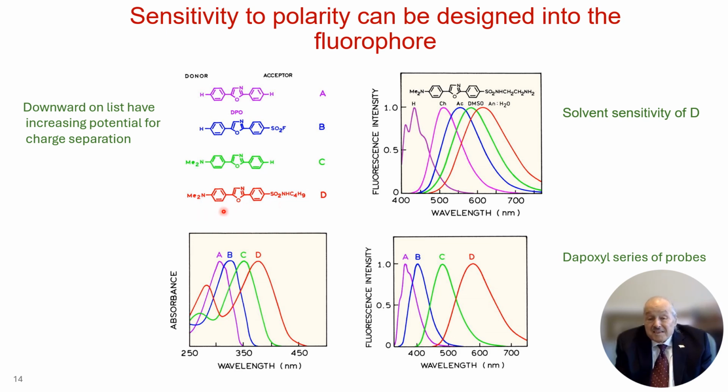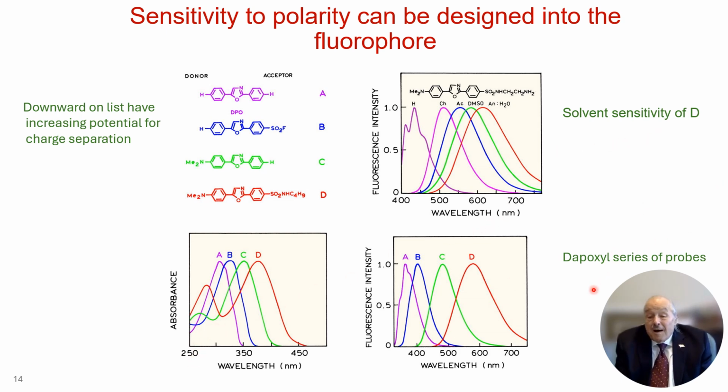So of course in the excited state, you expect there to be an electron transfer. So you expect the solvent sensitivity of the fluorophore to increase in this direction. So if we just look at the solvent sensitivity of that molecule, you can see that it is highly solvent sensitive.